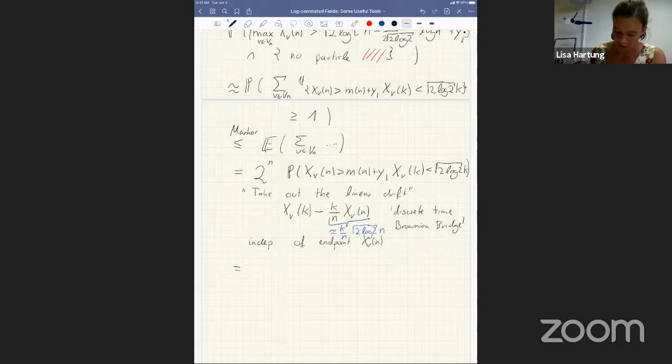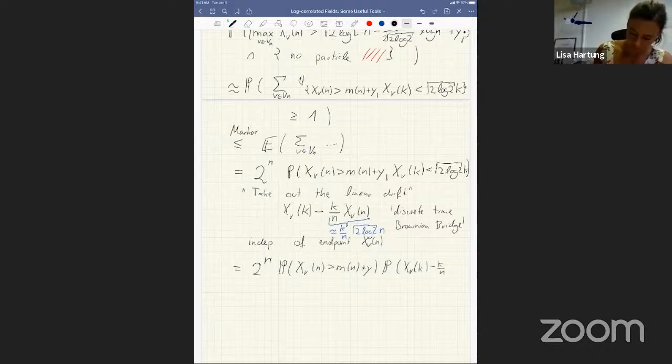So if I do this, I get 2 to the n. Now I use the independence of the endpoint. X_v of n is larger than m_n plus y times the probability that this discrete time Brownian bridge, and now I will only say approximately because I have not been too careful about this beginning and end and the precise region, k over n X_v of n being smaller than 0.